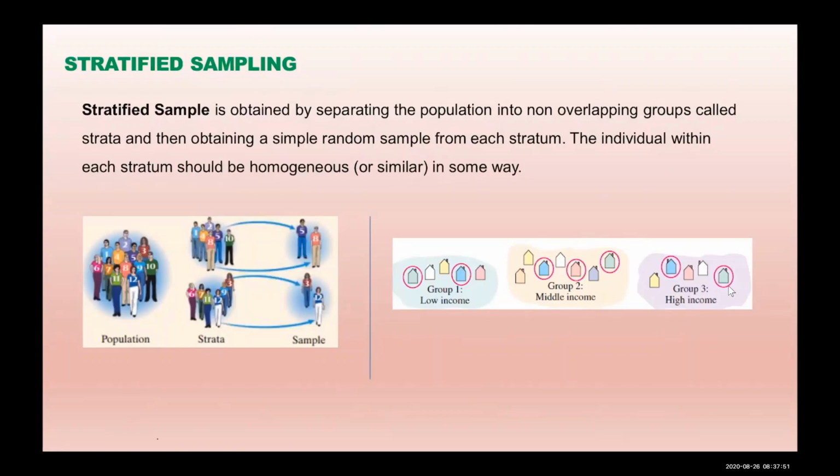We selected houses in three different communities. From the first community, we are randomly selecting two houses. From the second one, that is from middle income, we are randomly selecting two houses. And from here, we are randomly selecting two houses. And the group of those 6 houses is our sample, called a stratified sample. So this is the technique involved in stratified sampling.